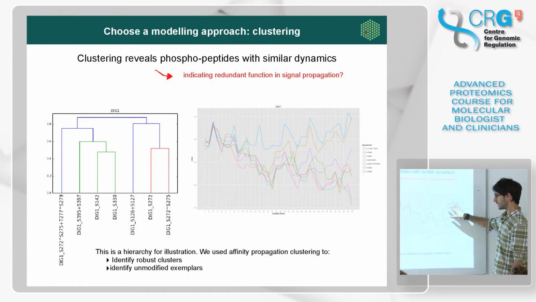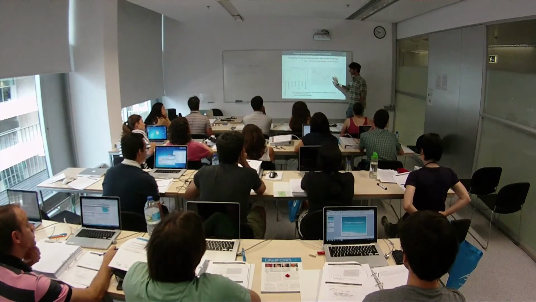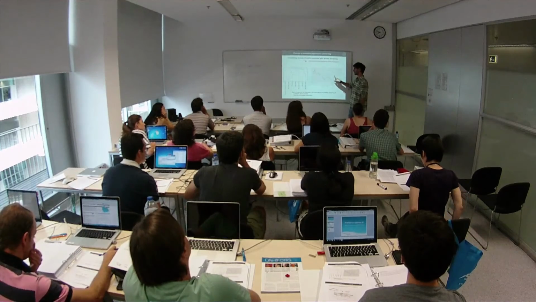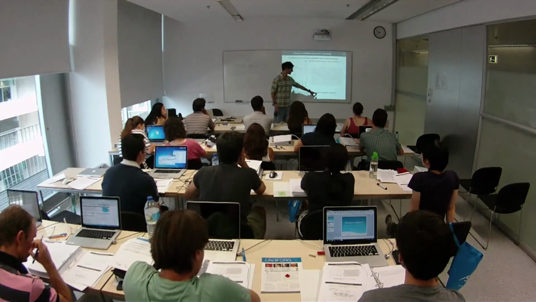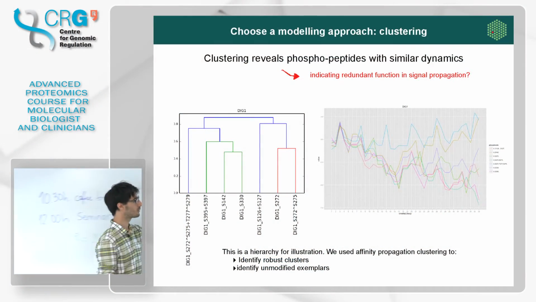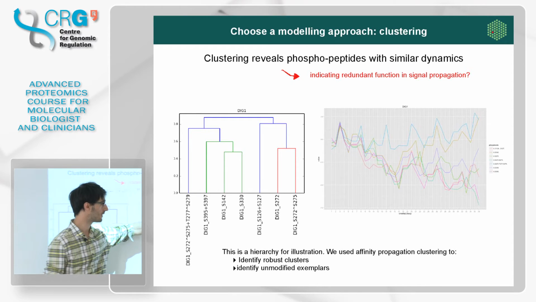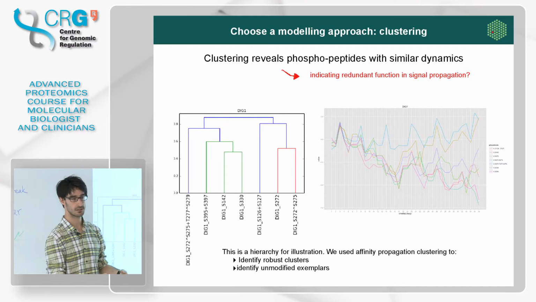So this is actually just something that I had time to put together to show it to you. But in truth, what we did was not this type of clustering. In truth, we used a clustering approach which is called affinity propagation, where you get robust clusters. So instead of that, you will only get your measurements clustered together if you're confident that they are similar, let's say.